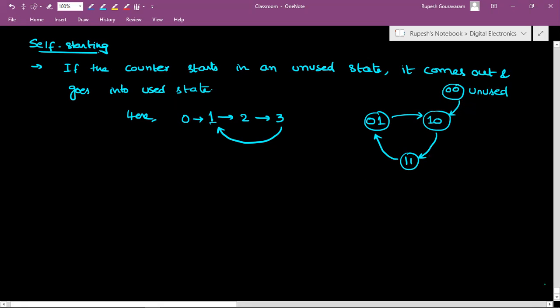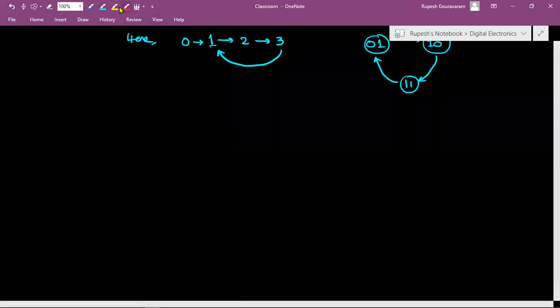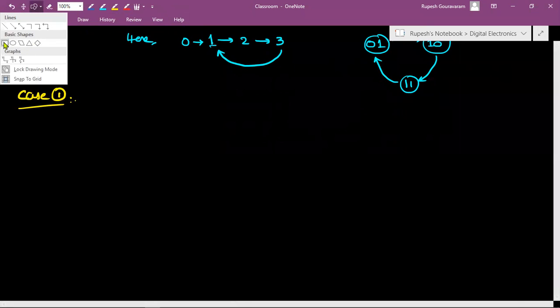Okay, now let us take one case where we have a design of flip-flops. Let us take it as case 1. So this is case 1. I will take 2 flip-flops here.